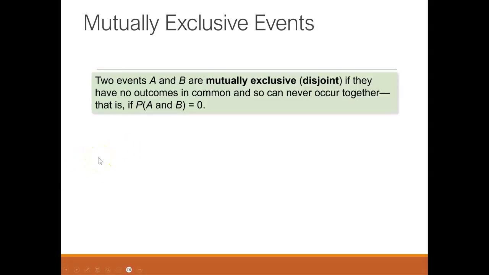So we say two events A and B are mutually exclusive, also we could use the term disjoint, and those will tend to be used interchangeably, if they have no outcomes in common, and so they can never occur together, that is, their intersection is empty. So the probability of A and B occurring is 0, because there's nothing that can happen at the same time.